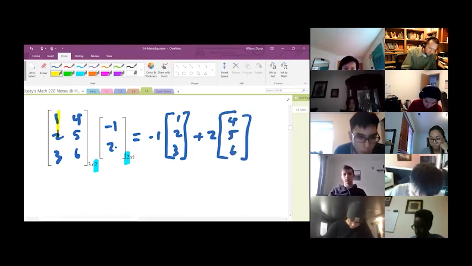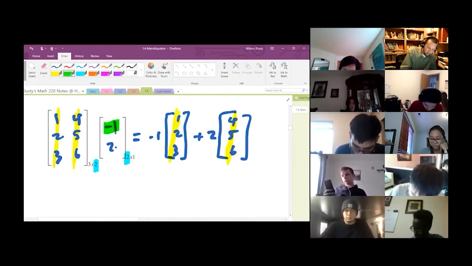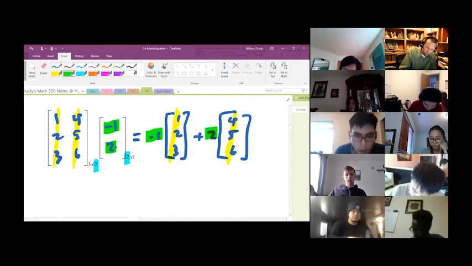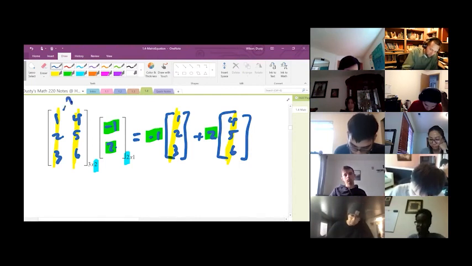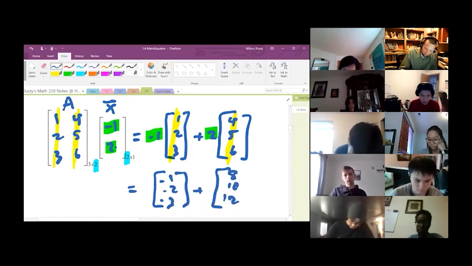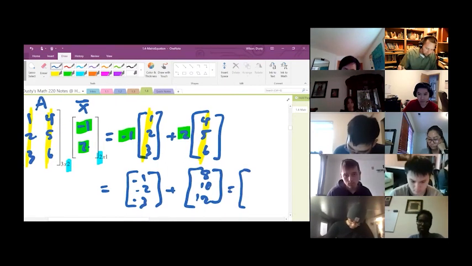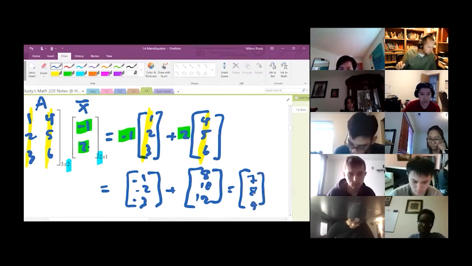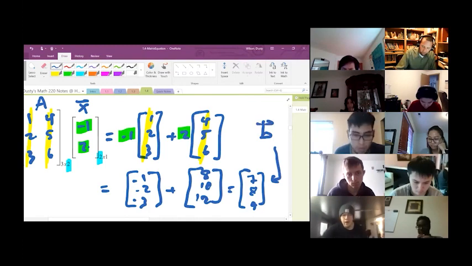Notice once again that the column vectors in A are showing up here, and we have a linear combination of those columns as dictated by the vector x. Here's your A, and here's your x. Eight, 10, and 12. I've got 7, 8, 9 for my answer. In the original equation, Ax equals b, this bit at the end, the 7, 8, 9, that's our b vector.